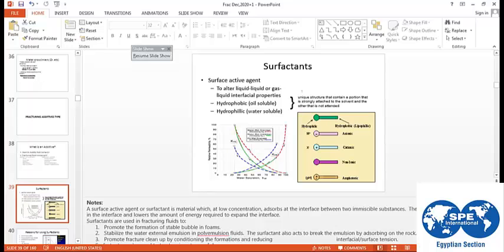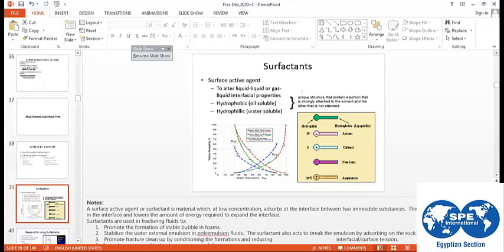If you have this XRD and a mineral composition for your reservoir rocks, then you can decide on each one of the additives that you want. As an example, if you have a certain type of clay and this clay is sensitive to the water that you are going to use, you have to use a clay stabilizer.